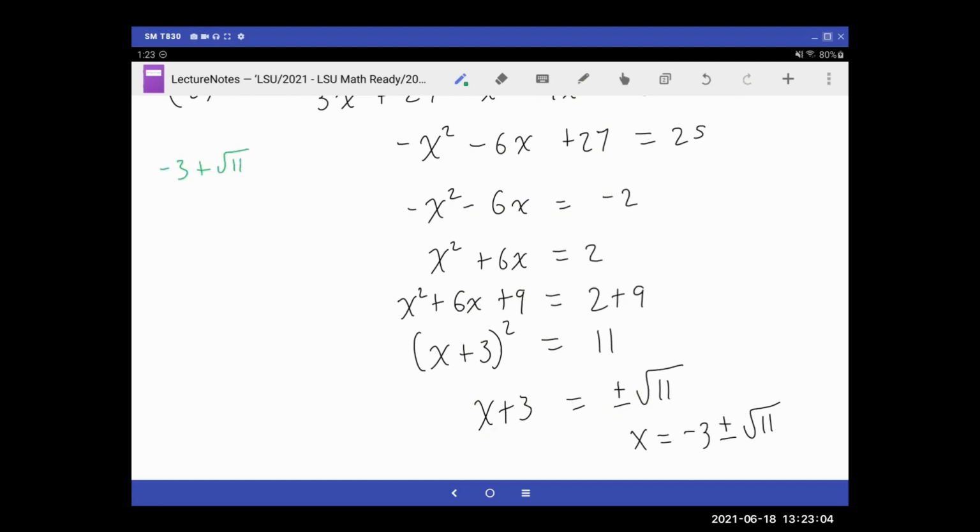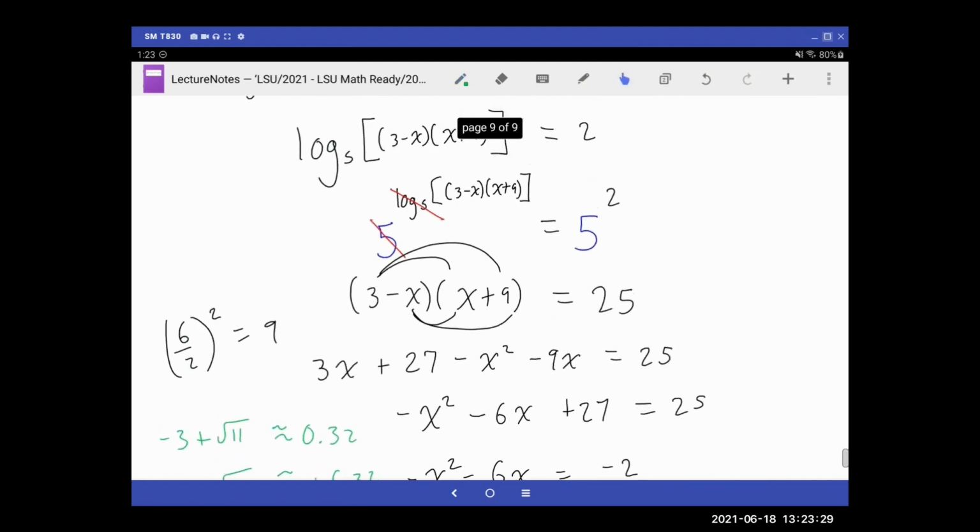I'll just type that in the calculator. This one is about 0.32. And this one is about negative 6.32. It's a 0.32 and negative 6.32.